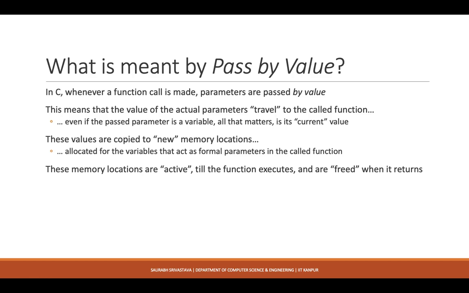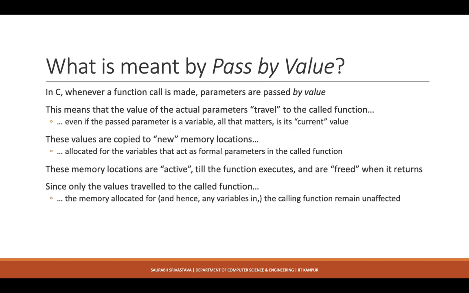These memory locations, the new memory locations where the new a and b variables were created, are active till the function executes, as we have already discussed, and these memory locations are freed as soon as the function returns.